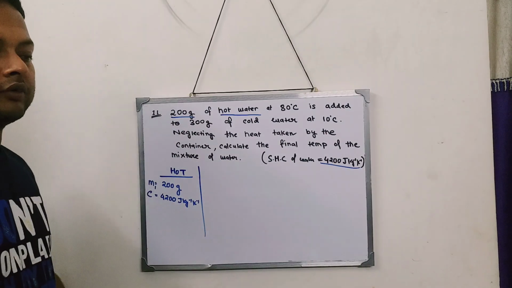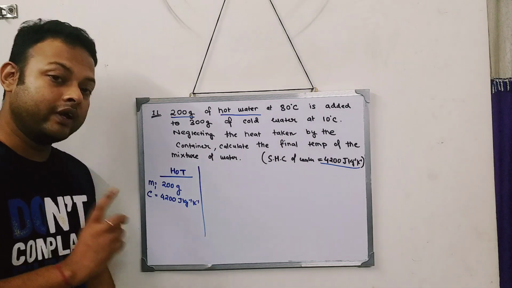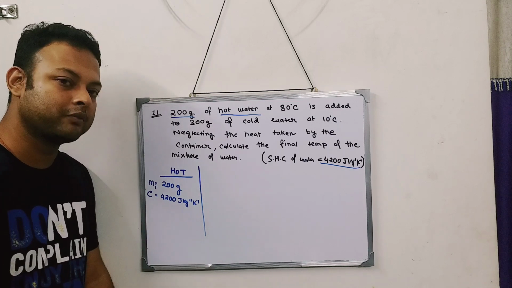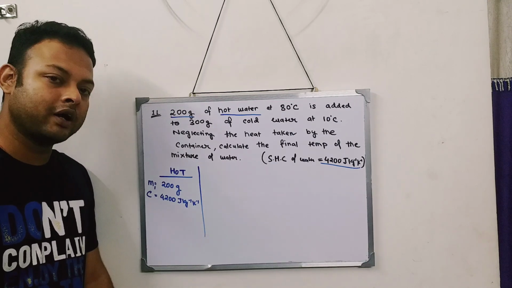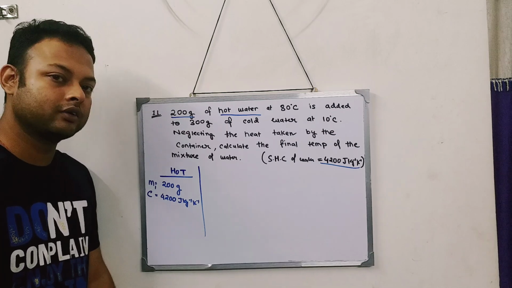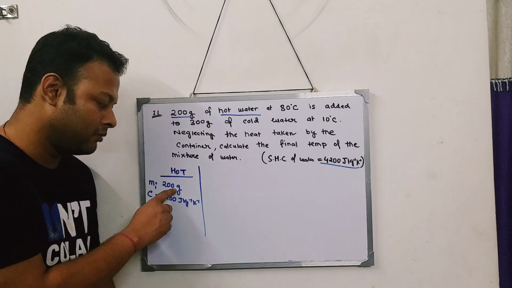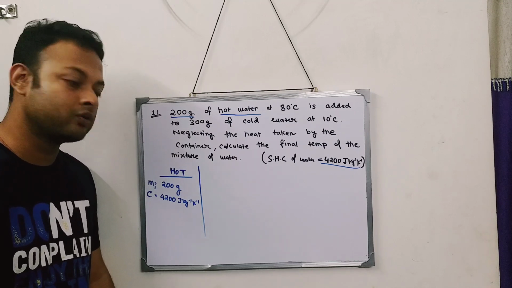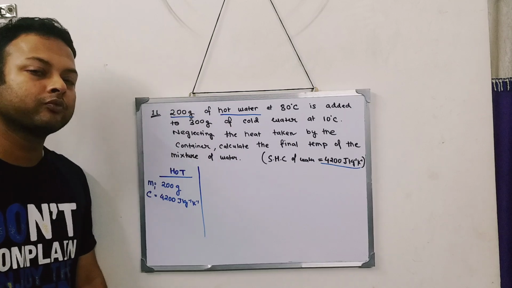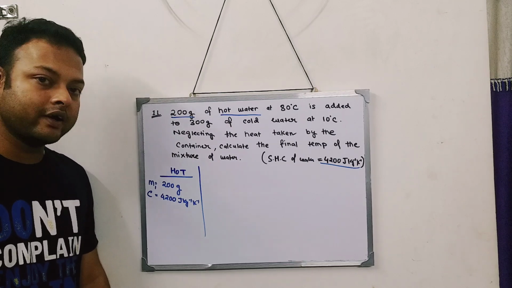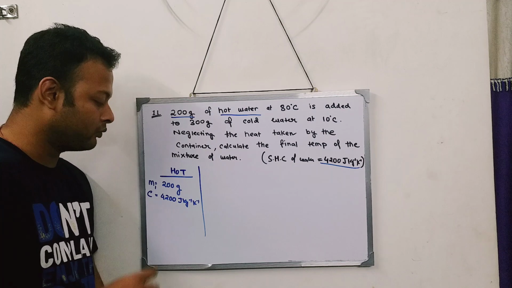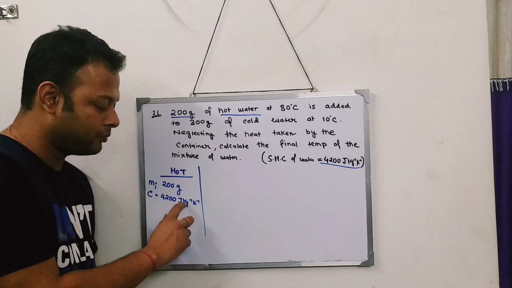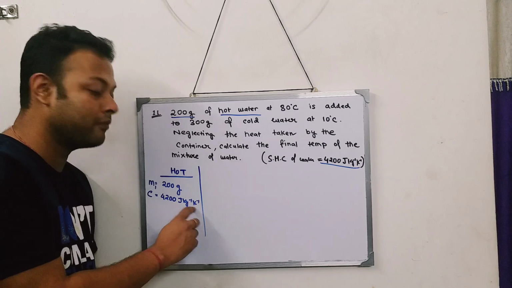Now a very important thing from over here. You can see the mass and also the specific heat capacity. Are both of them in the same unit or different units? This is in gram and this is in kg, so they are in different units. It is your responsibility to convert both of them into the same unit. Now here is also a small technique. Will you convert this gram into kg, or will you convert joule per kg per Kelvin into joule per gram per Kelvin?